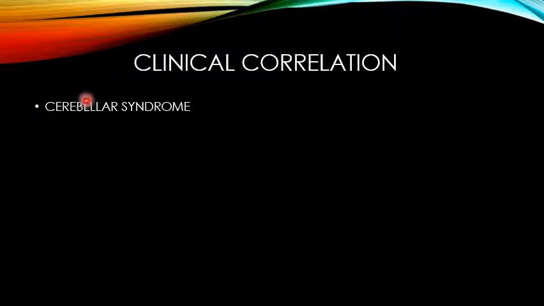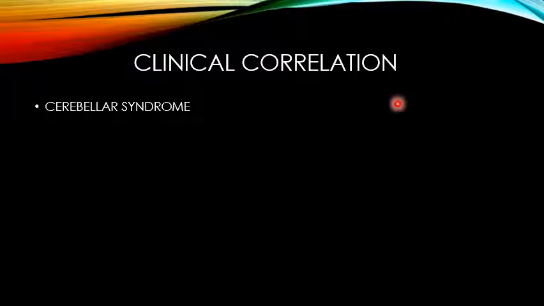Now, after learning the anatomy and the physiology of the cerebellum, let us understand the clinical correlation. Cerebellar damage can be due to a tumor growth, thrombosis of the artery supplying the cerebellum, or an injury.